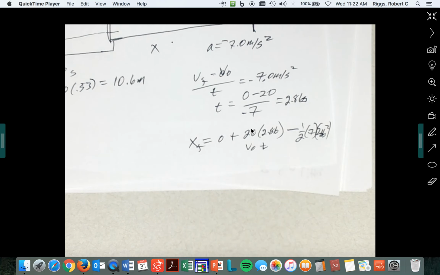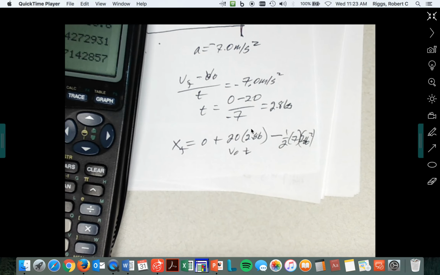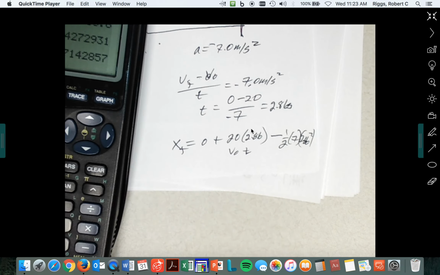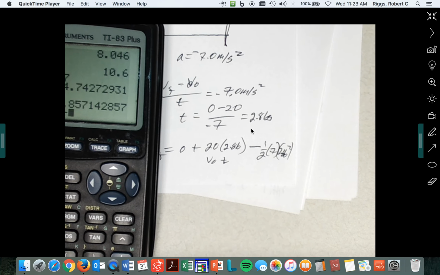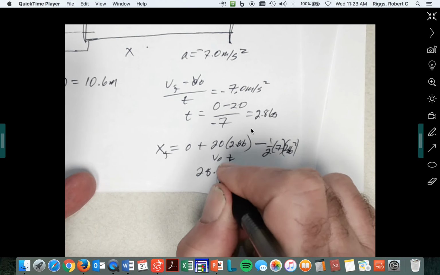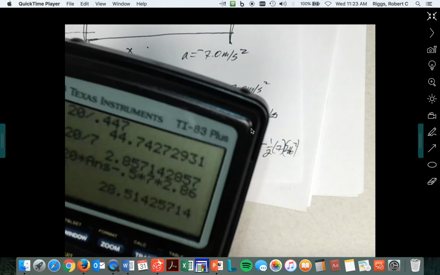So we'll just calculate that. 20 times 2.86, minus 0.5 times 7 times 2.86 squared, and that's 28.5 meters. So the total stopping distance is these two, plus 10.6.